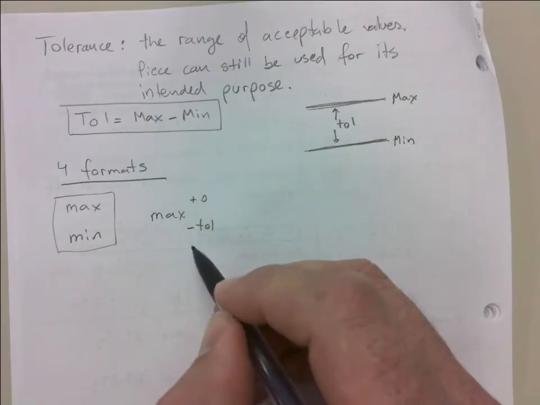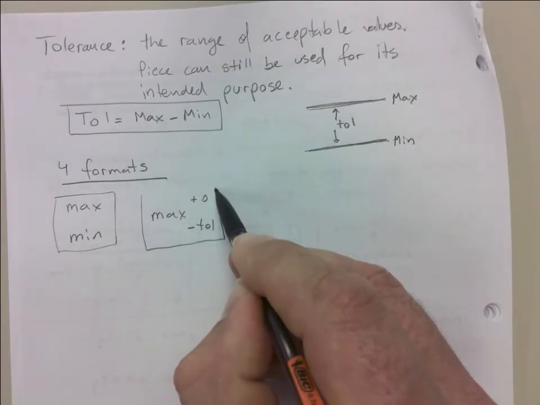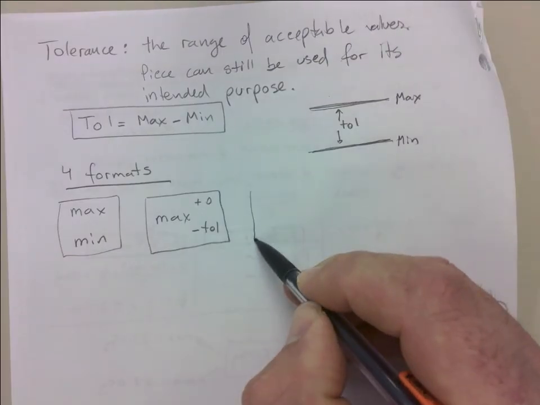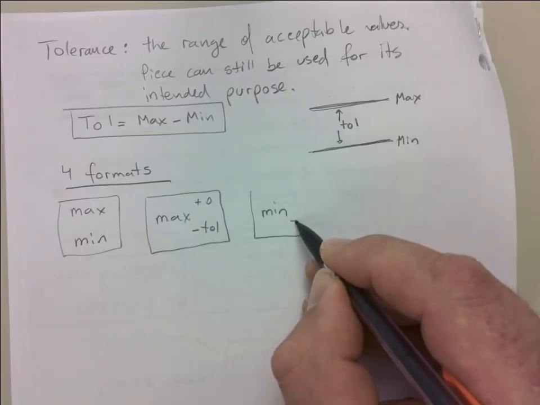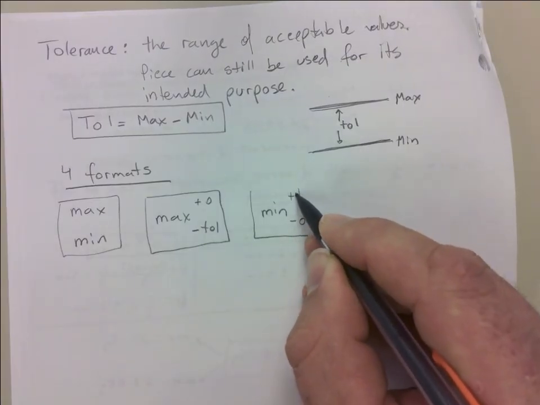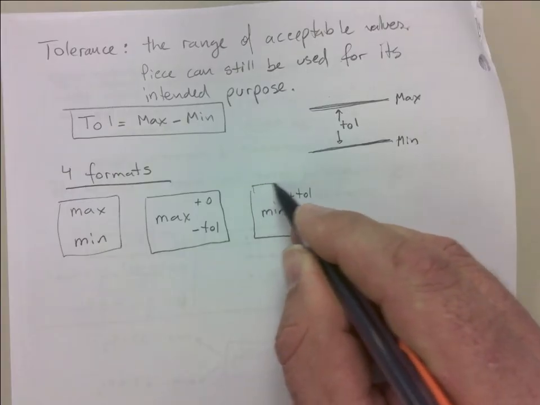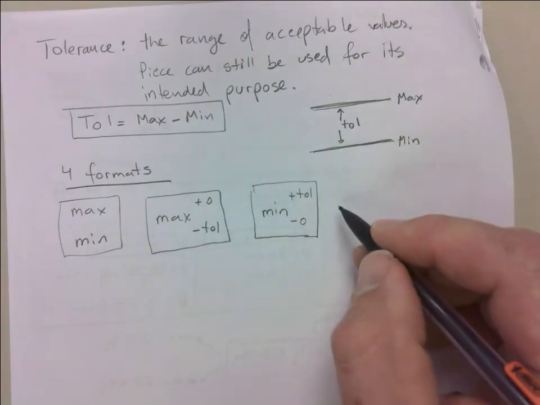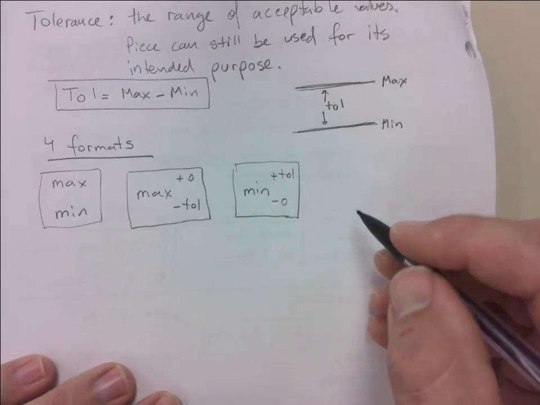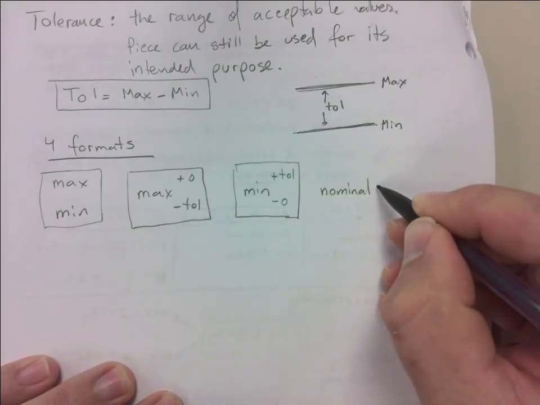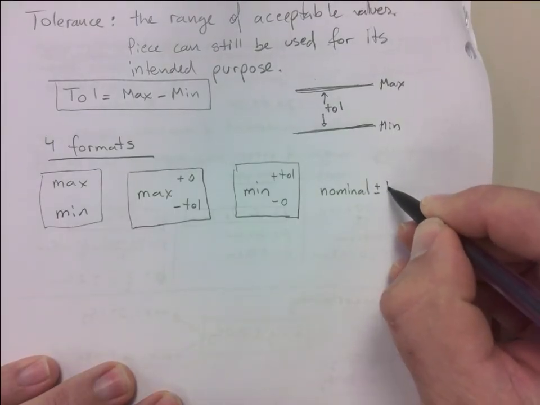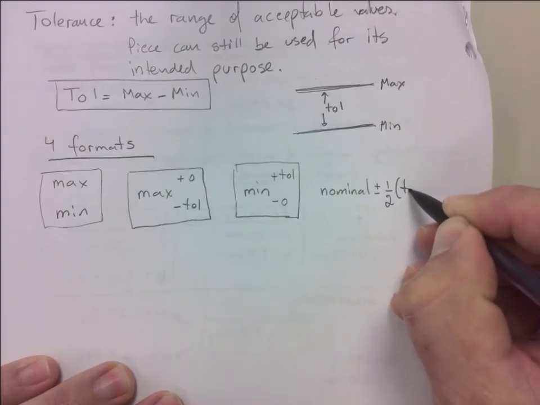And all of these are going to be replaced with numbers. The other one is minimum minus 0 plus tolerance. And the last one is nominal plus or minus half of a tolerance.